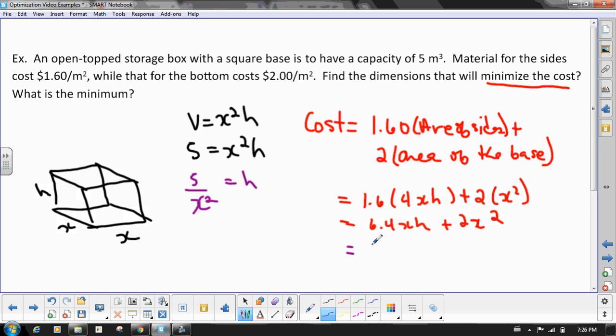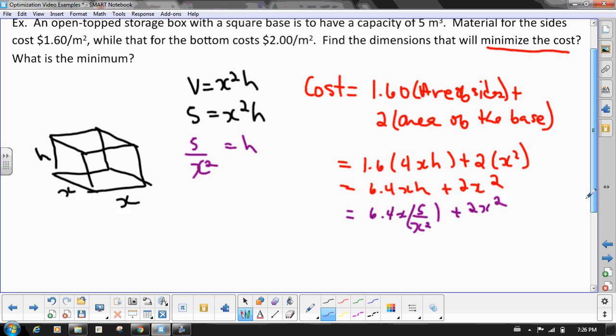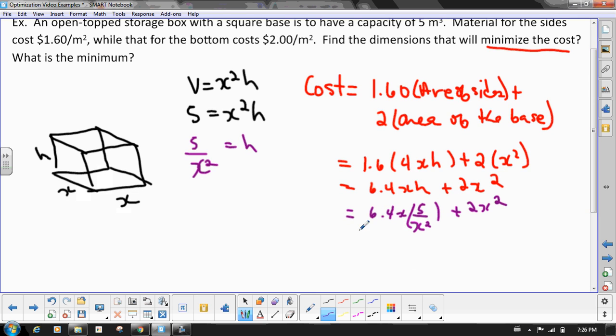So now I'm going to have 6.4 multiplied by x multiplied by 5 over x squared, plus 2x squared. So I'm going to clean that up. So that's going to be 32 over x plus 2x squared.